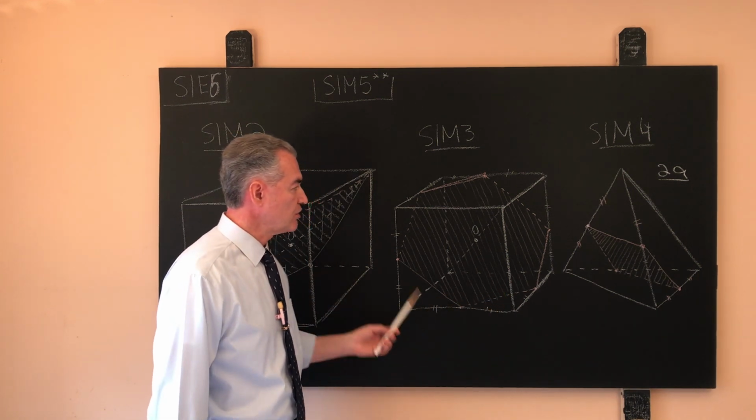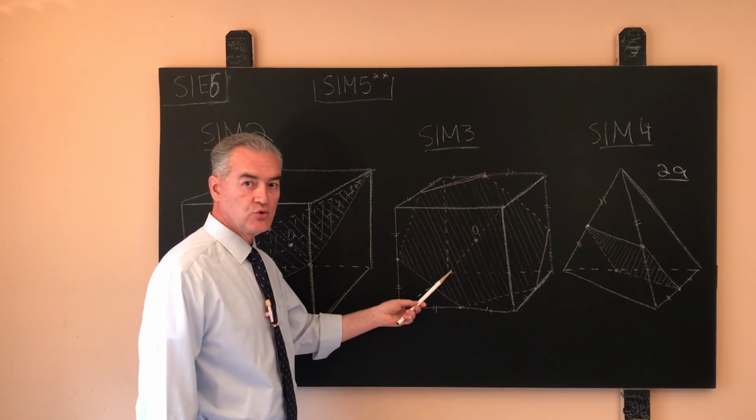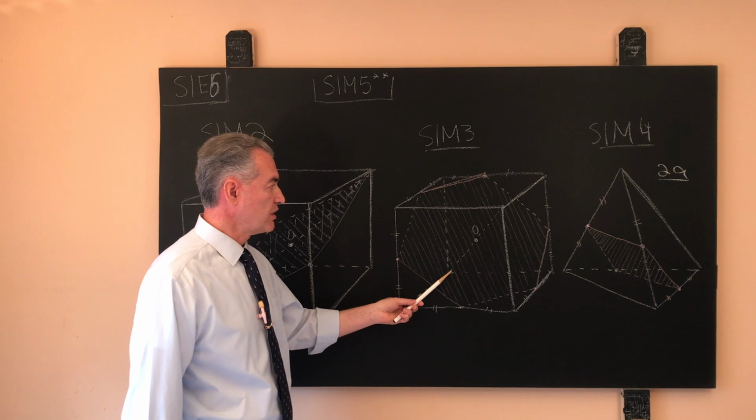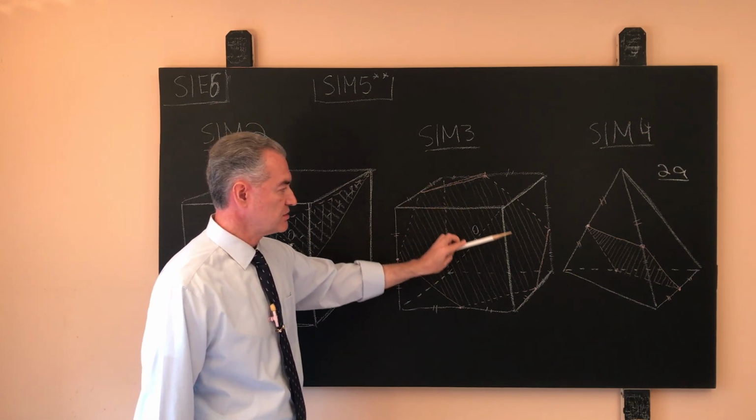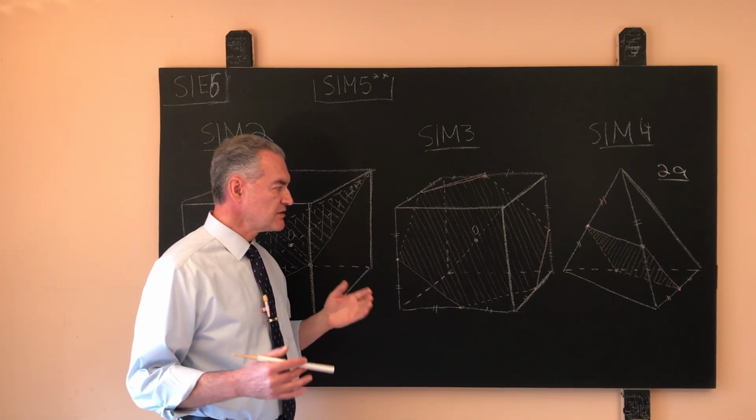A rotation of a cube around this main diagonal by 2 pi over 6 radians with the consequent reflection in this plane of symmetry. But this is besides the point.